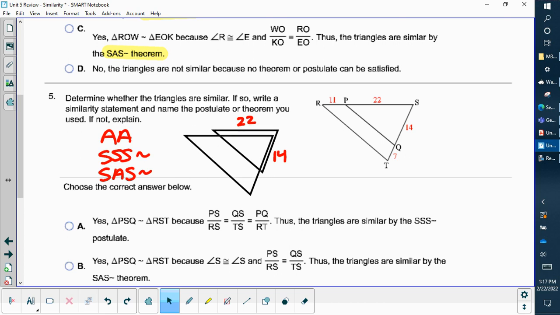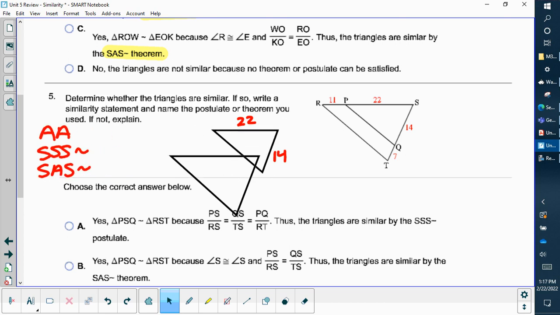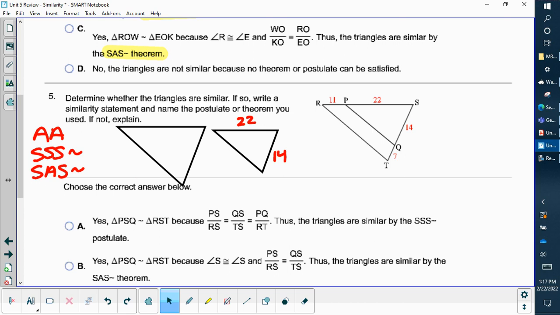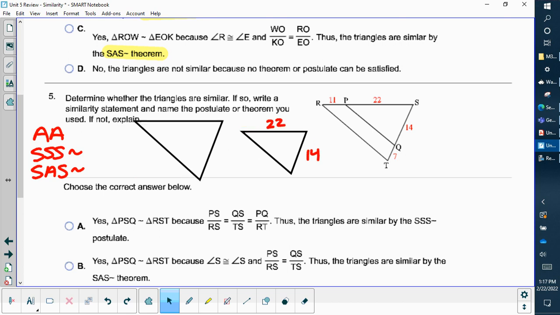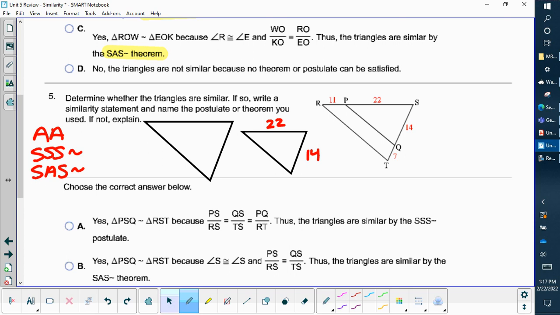If they both have the same angle, let me move this stuff over. So angle S has to be the same as angle S. And then the top length is going to be the whole thing here. So this is 33 from there to there, and this is 21 from there to there.